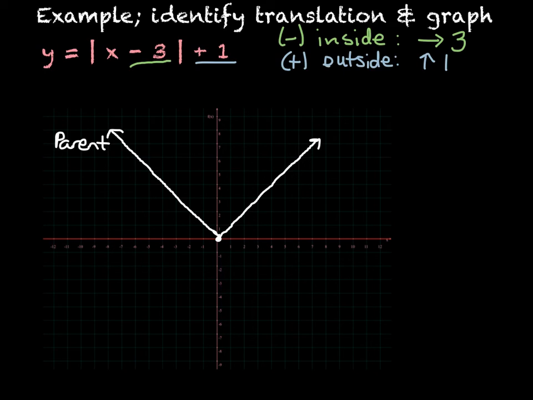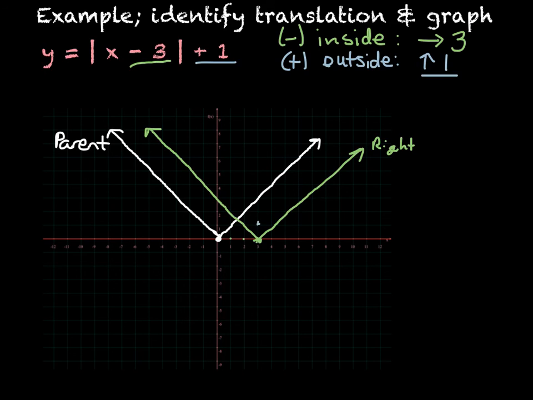So now I'm going to graph these, and I'm going to graph it in stages. So we're going to go the 3 to the right, 1, 2, 3. And so my new V point is going to be there. So that is after I move right. And then I'm going to move up 1.